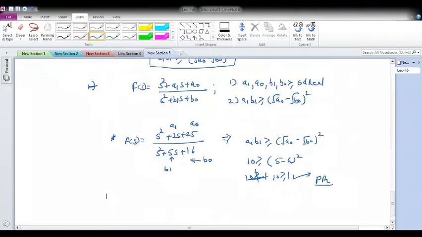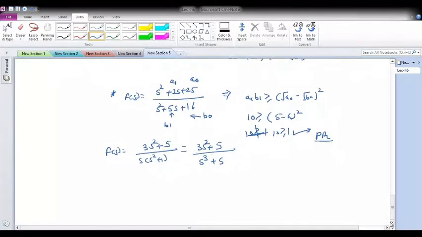Okay. Then next, if f of s is 3s square plus 5 over s into s square plus 1. So what about this? Is it PR or not? So the denominator is s cube plus s. Okay. So if you find the same, that is m1, m2 and n1, n2.